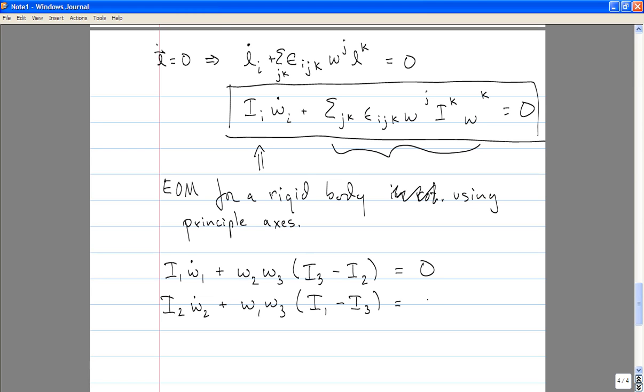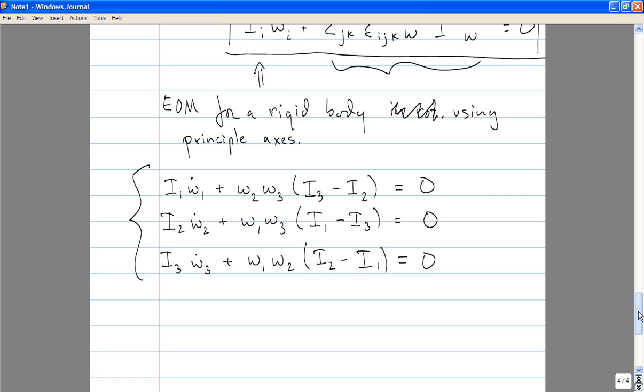And finally, the third equation says omega 3 dot is proportional to omega 1 times omega 2 times the difference of I2 and I1. So these are the 3 equations of motion for a rotating rigid body, and they are known as Euler's equations.